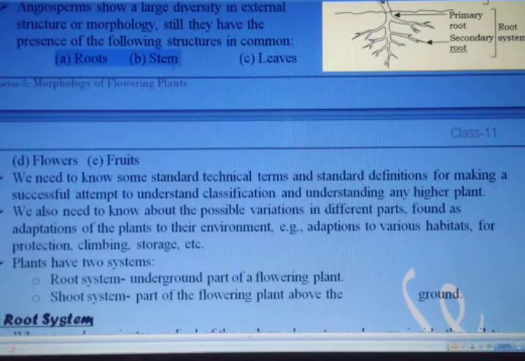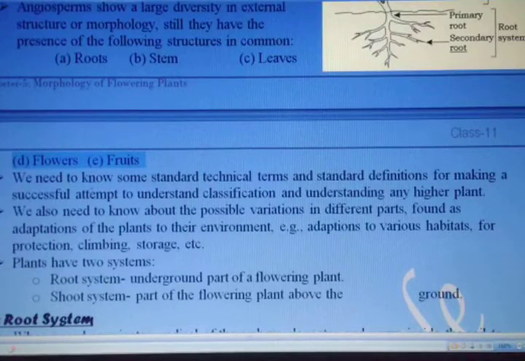Then the stem, leaves, followed by flower and fruits. First of all, vegetative growth takes place, during which the root and the shoot develop, and then when the plant is mature enough, at that time the flowers and fruits are formed here. So over here we need to understand, right?